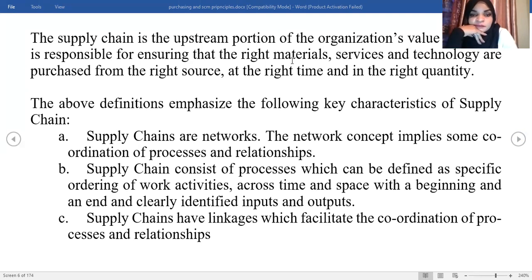When we are talking about supply chain, you're able to relate with other functions. For example, supply chain can relate to the marketing department, the human resource department, and other departments within an organization. So you can see that link comes out clearly. Yeah?